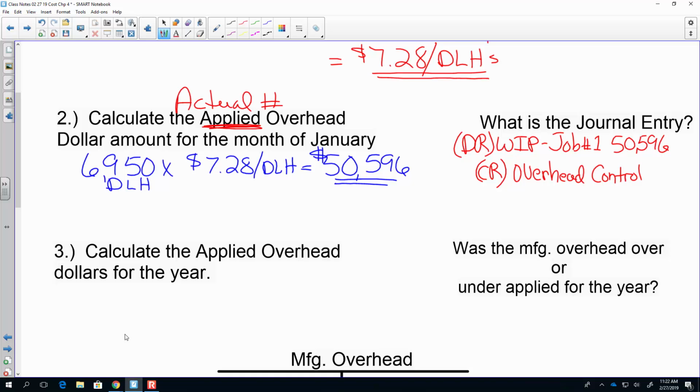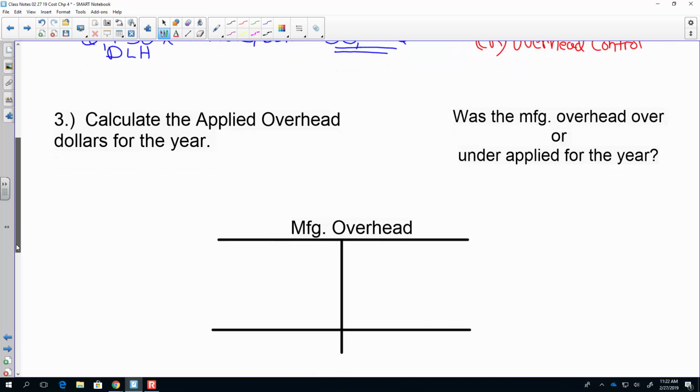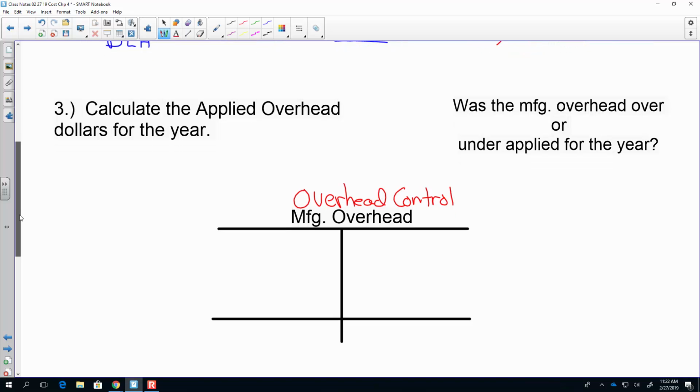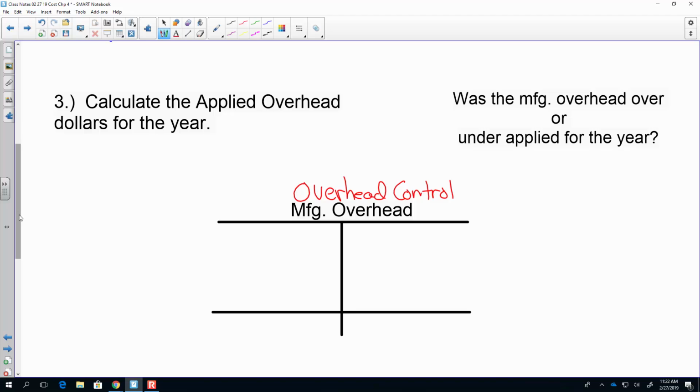And if you look down here, there's a T account. This is the overhead control account. Overhead control. And I'm going to put temporary account on here.